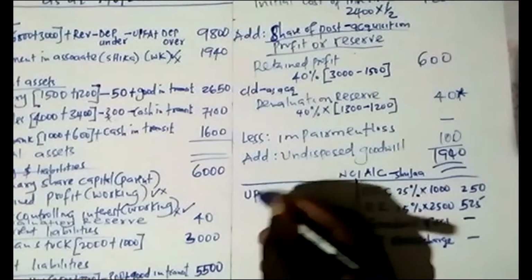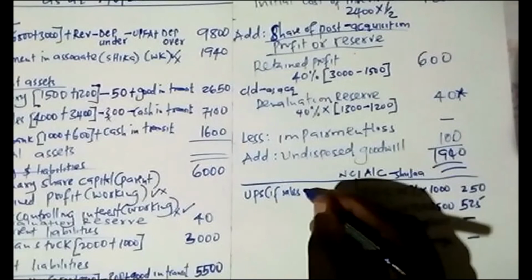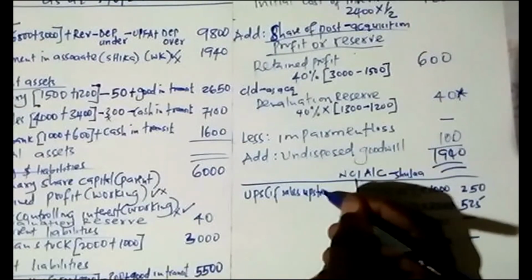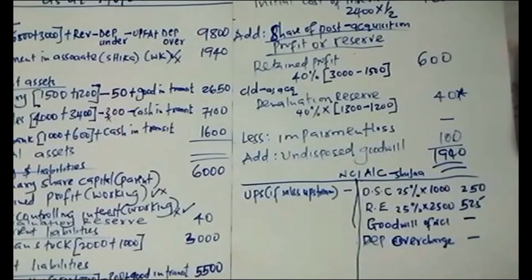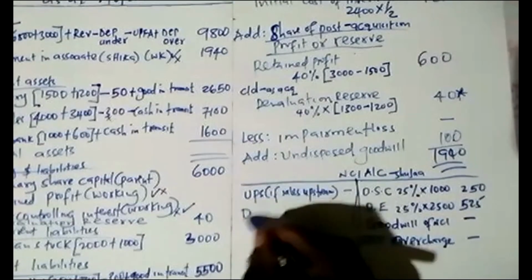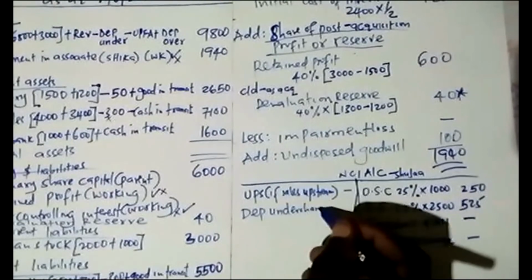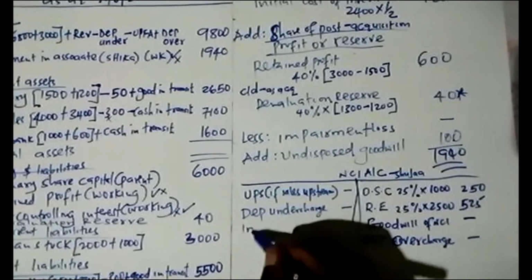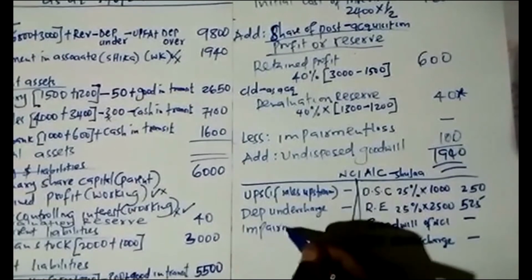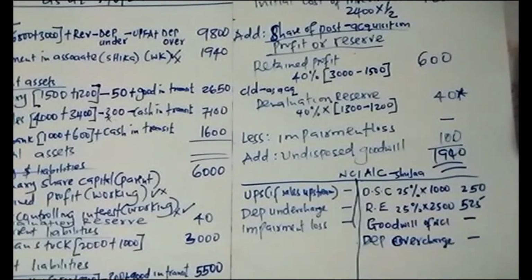Then we have unrealized profit on sales, upstream. It was downstream because Hunga sold to Shuja. The depreciation undercharge, if it was there, there was none. Then here we record impairment loss. There was no impairment loss.